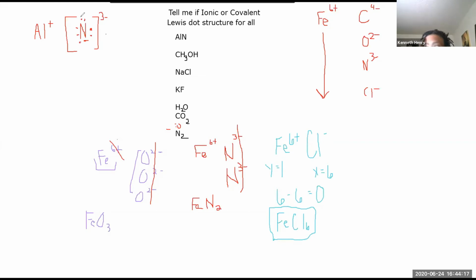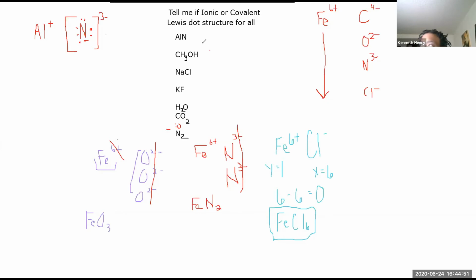So why did it want to get to 3- in the first place? It's because it's three steps away from neon, right? That's right. It wants to be a noble gas. And all noble gases, except for helium, have 8 electrons surrounding them, right? So nitrogen 3 minus now has 8 electrons surrounding it. And so this is how you would draw the Lewis dot structures for ionic compounds. Pretty simple, not too complex.